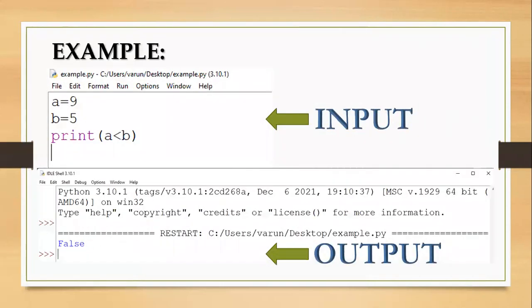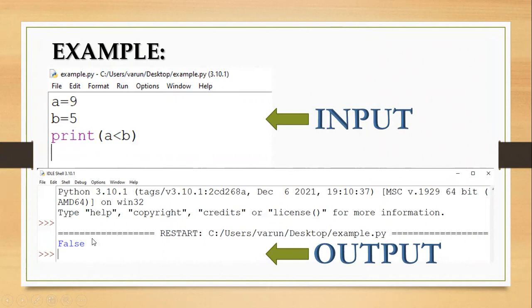Example of less than operator. Now this is the screenshot of the input. This is the screenshot of the output. In input, a equals 9, b equals 5, print a less than b.